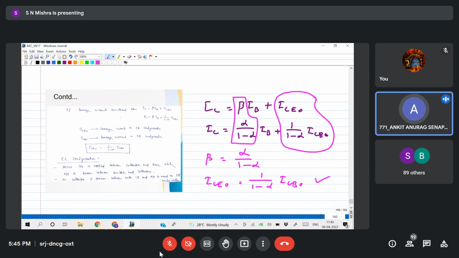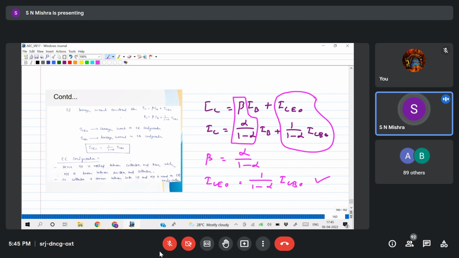No, sir, ICEO, because in the denominator we have 1 minus alpha. If you take 0.95, then it will be more than ICBO. So leakage current for common emitter configuration is more than common base configuration. Okay.